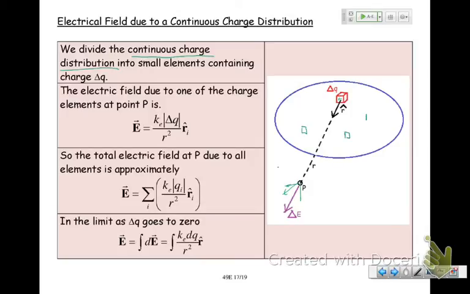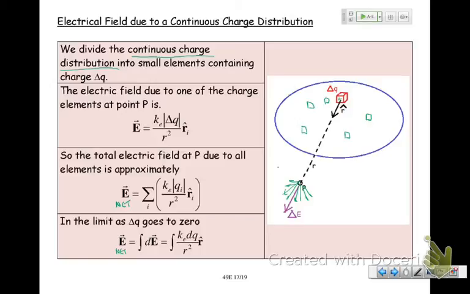All these little cubes of charge are going to cause an electric field vector with slightly different magnitude and slightly different orientation. So my net electric field will be the sum of all these. And if I got the cube small enough, my net electric field was equal to the integral.